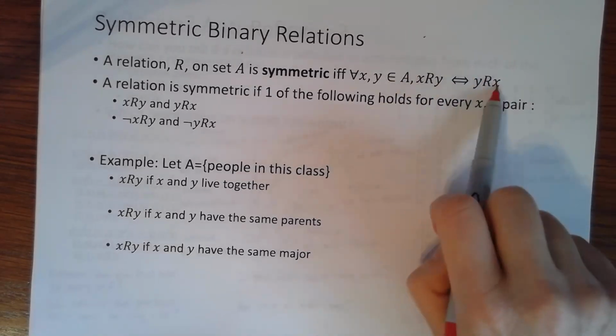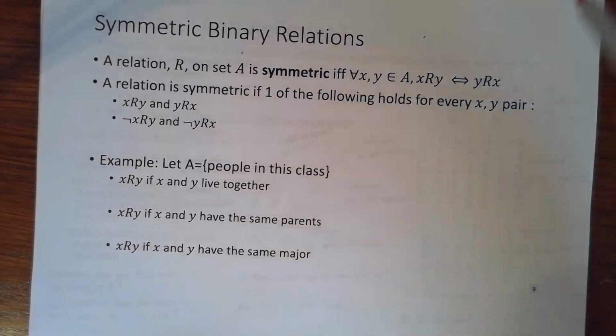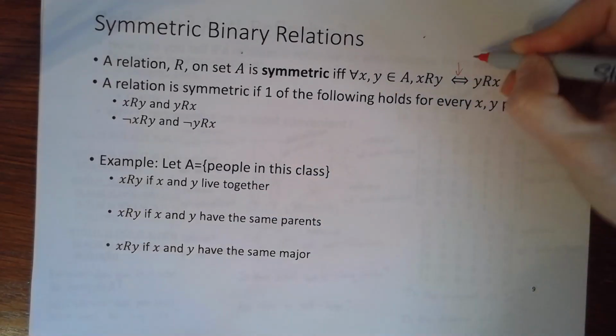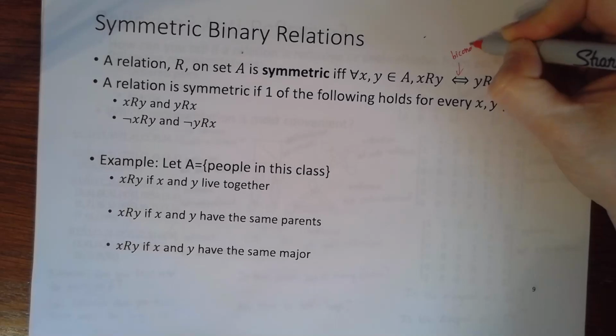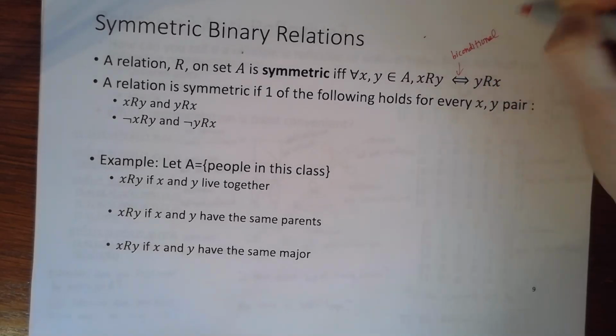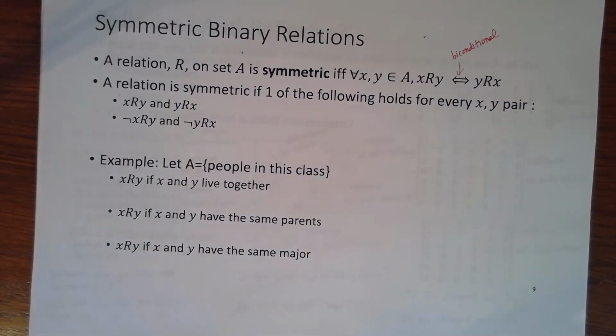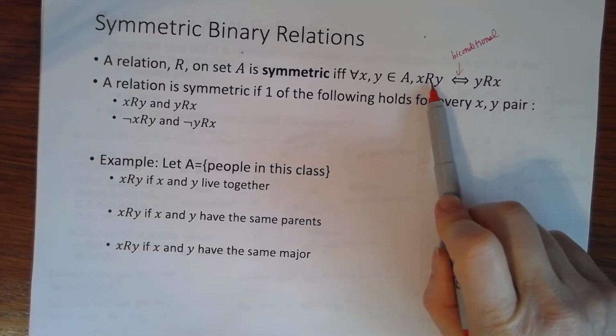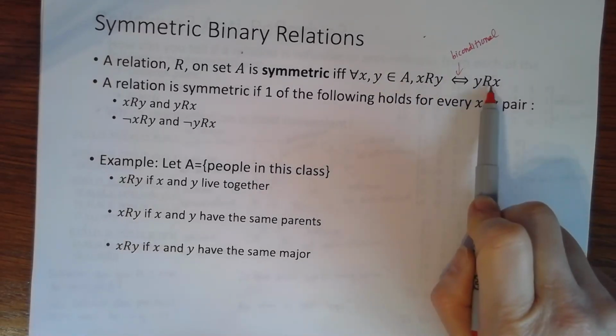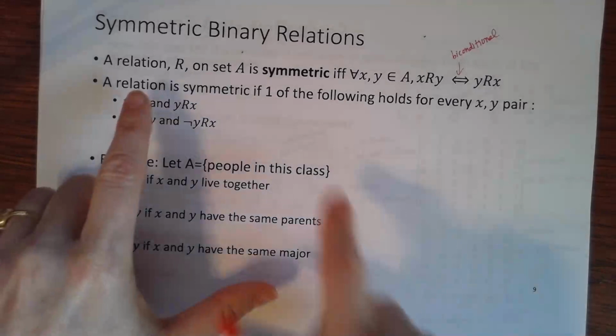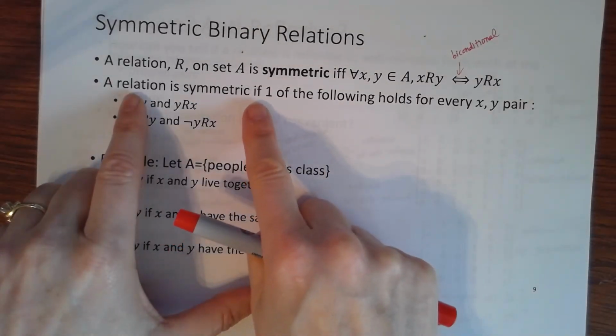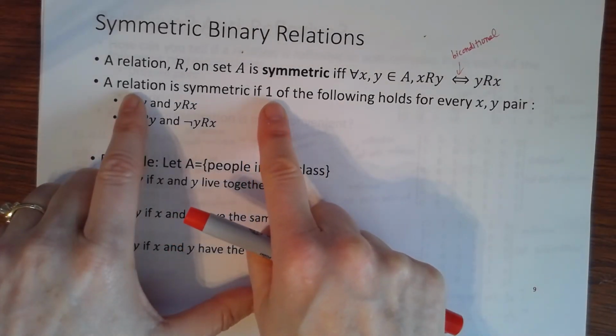Either they both show up or they don't. So this is like a biconditional. For the biconditional to be true, remember that either these are both true or these are both false. So a relation is symmetric if one of these holds for every pair.